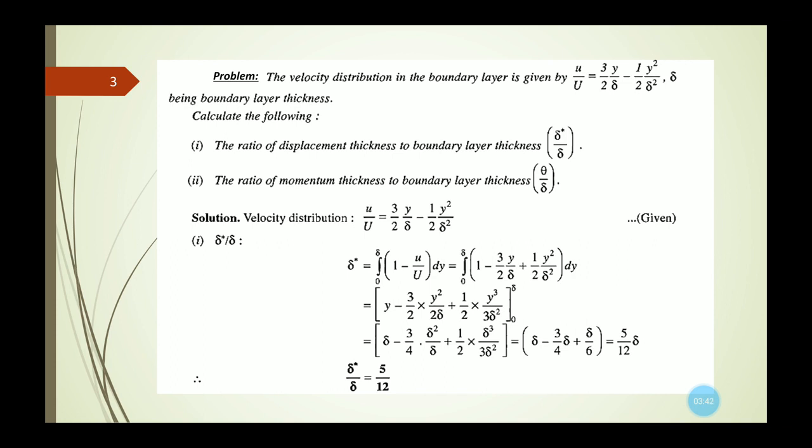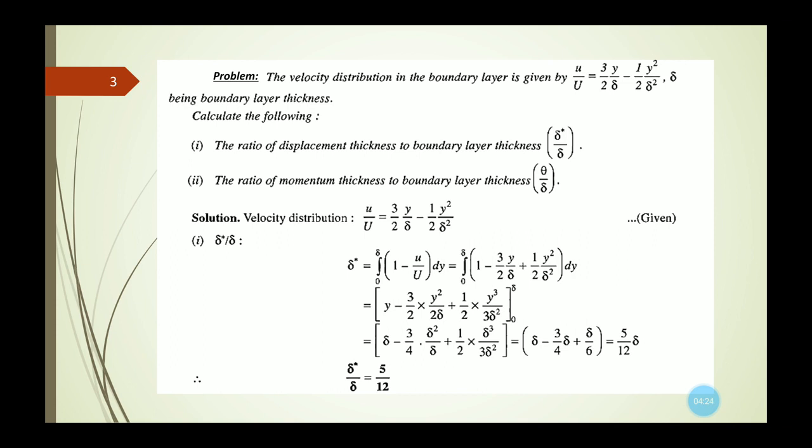To calculate the first part, the ratio of displacement thickness to boundary layer thickness, we first write the formula for the displacement thickness, delta star. It can be mathematically represented as integration 0 to delta of 1 minus small u by capital U into dy. This small u by capital U we write in terms of the velocity profile given here, which is 3y by 2 delta minus y square by 2 delta square.